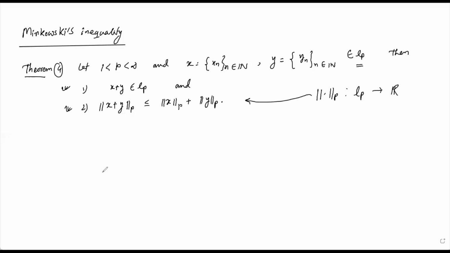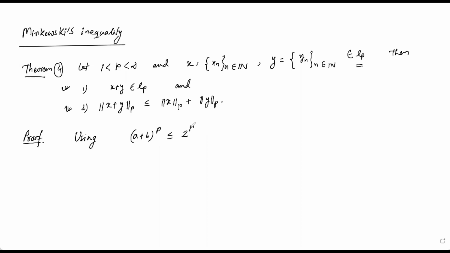Okay, so let us prove the theorem. Here is the proof. First we prove the first item. For x and y in l^p, we will show that x plus y is in l^p. So here, proof. We will use the following inequality: (a plus b) to the power p is less than or equal to 2 to the power p times (a to the power p plus b to the power p).